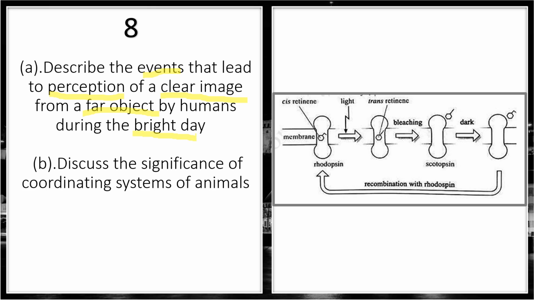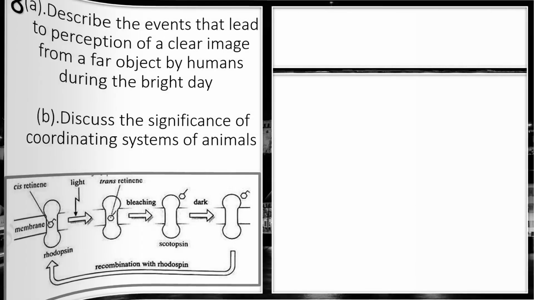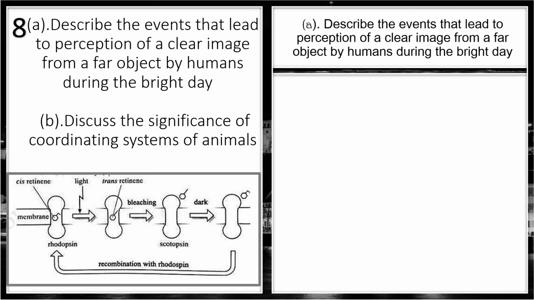And part B, discuss the significance of the coordinating system of animals. Part A, describe the events that lead to perception of a clear image from a far object by humans during bright light.